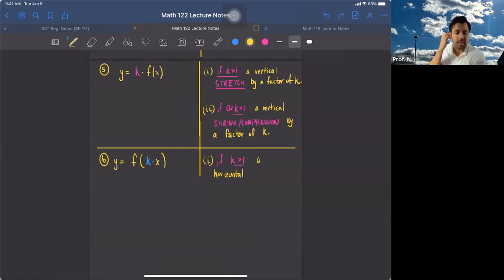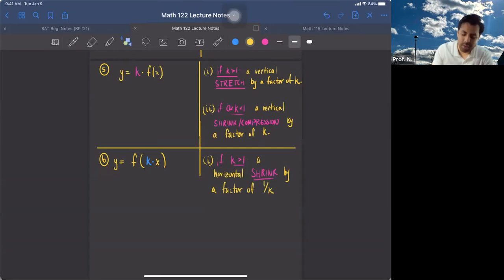So we're actually not going to stretch it. You would think, right? This is the opposite way of what we've thought about horizontal transformations. You would think that if you multiply by a big number like 3, like 5, like 10, you would stretch it out horizontally, but actually you don't. You shrink it. It's a horizontal shrink by a factor, and here it's 1 over k, not k.